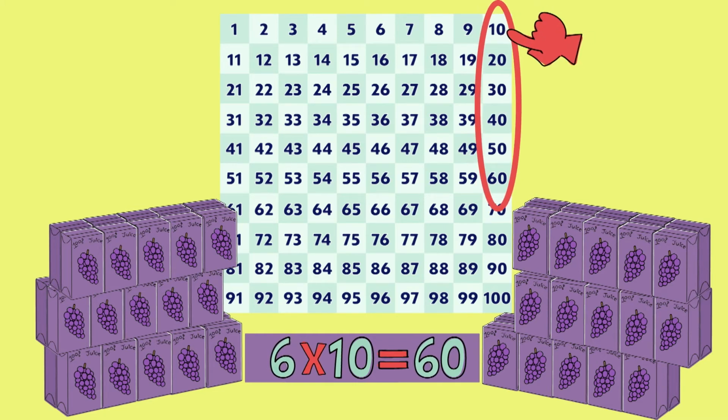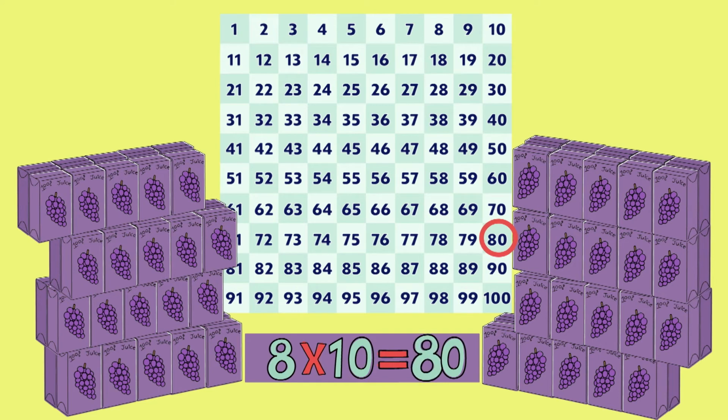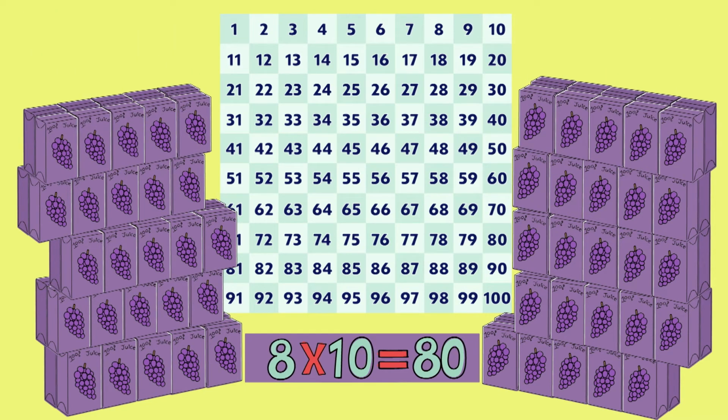Imagine counting by tens 6 times. How about 8 boxes? Right, 80. What about 10 boxes? Great, 10 times 10 equals 100. I'm counting by tens 10 times.